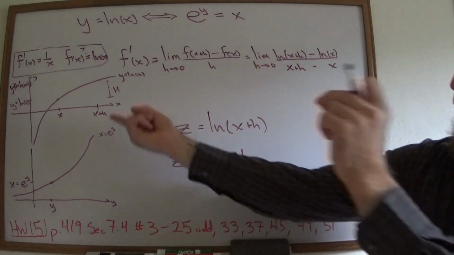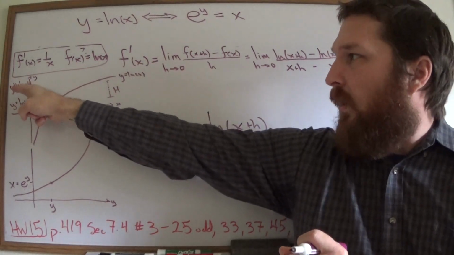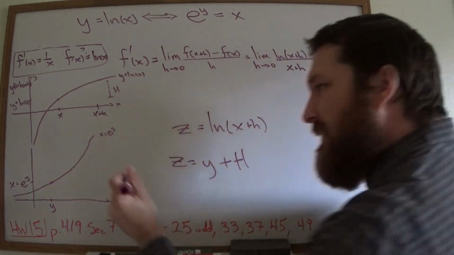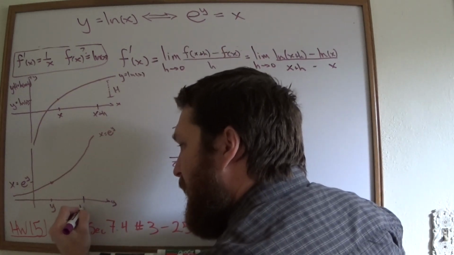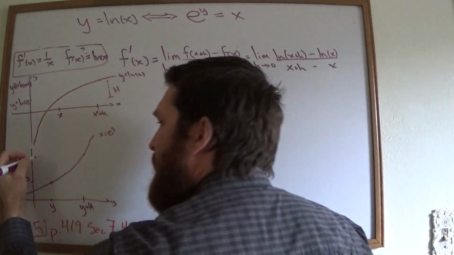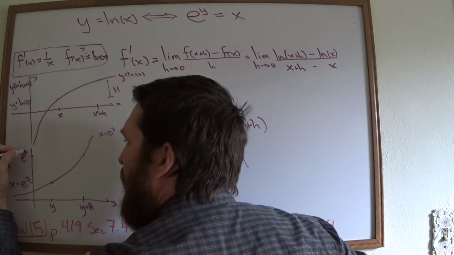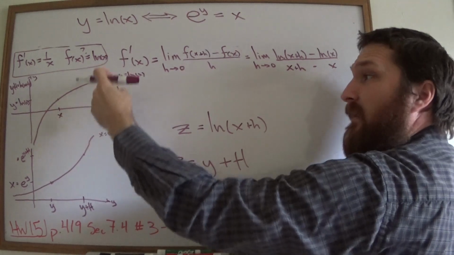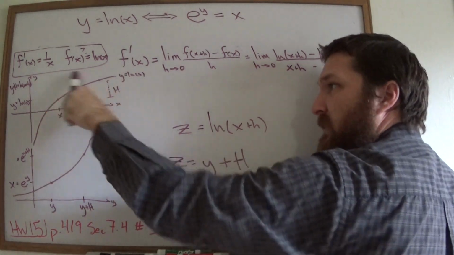On the other hand, if you take that z, that output value from log, which is the same thing as y plus h, and you plug it into e to the x, so we take our y plus capital H, plug it in, the thing we get is e to the y plus capital H. But the whole reason that we got it in the first place is because we plugged x plus little h into this function.